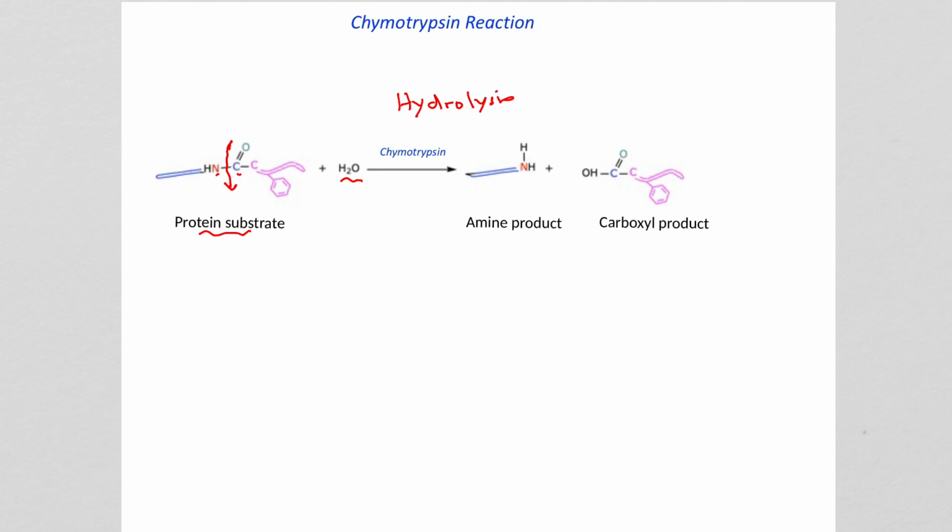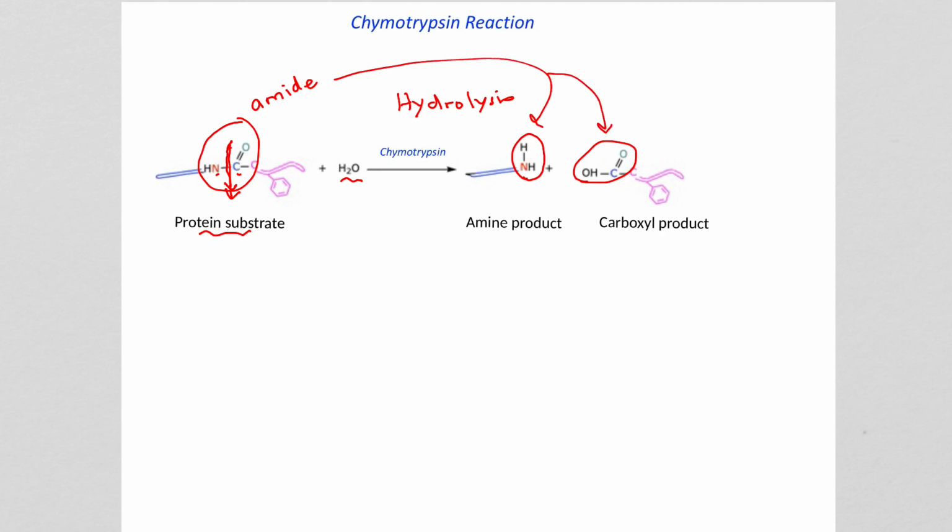And when this bond is broken by water, we get the amine and the carboxyl group. Because as you know, this is the amide. The amide is broken down into amine and carboxyl. So this is basically the reaction that chymotrypsin catalyzes.